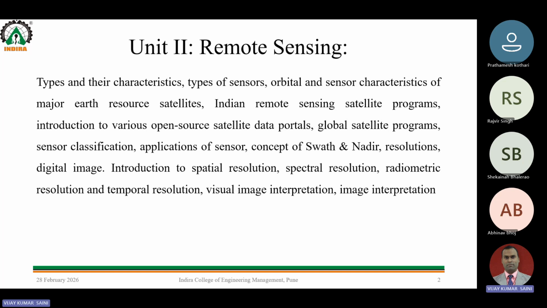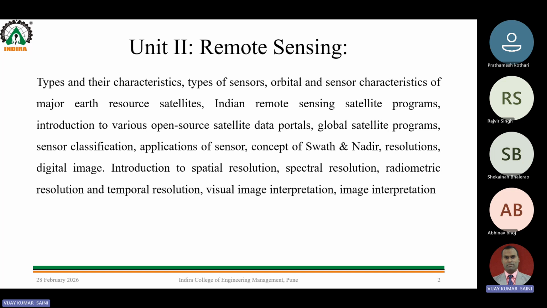Later on, we will have some Indian remote sensing satellite programs, and accordingly, their open source satellite data portals. And as we have the Indian satellite program, in a similar way we'll see the global satellite programs also.